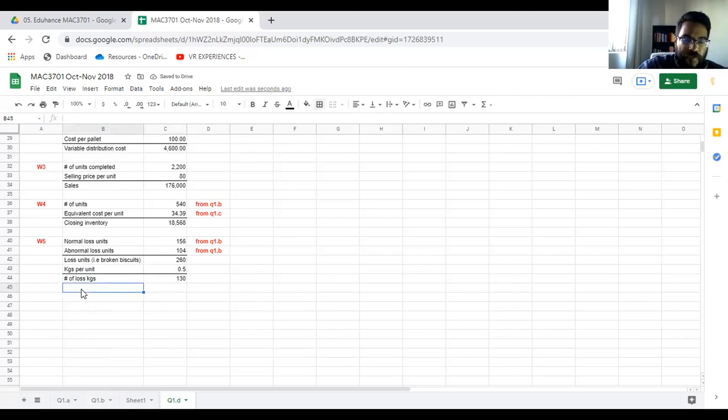So now we know the price per kg is 10 Rand. So now we know sales from lost biscuits, or broken biscuits, let's just call it broken biscuits.